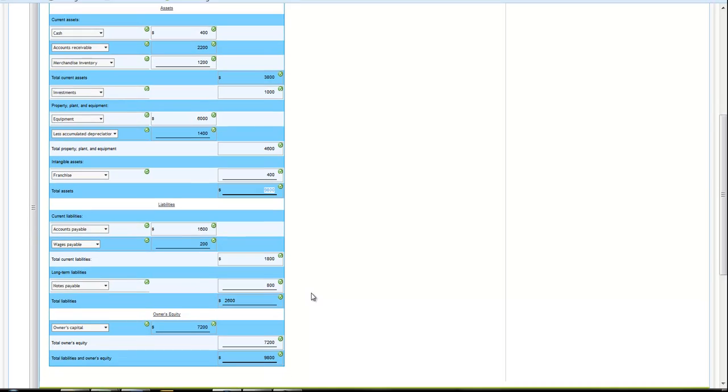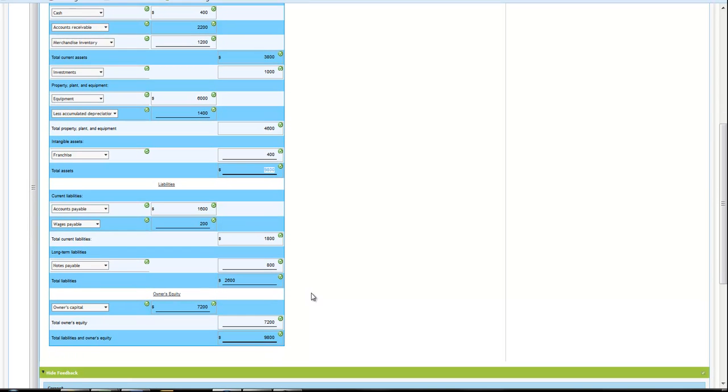Then we have our liabilities, and liabilities we split up into two categories, current and long-term. Current liabilities are the liabilities that have to be paid off within a year or less, whereas long-term liabilities will be paid off in a time frame longer than a year. Our accounts payable is $1,600 and our wages payable is $200.